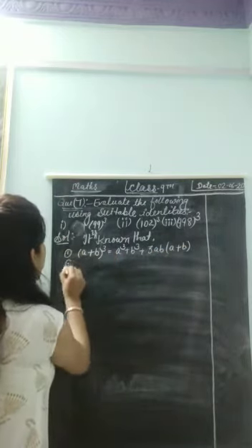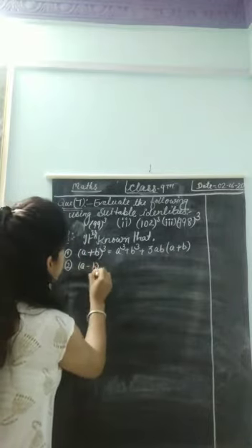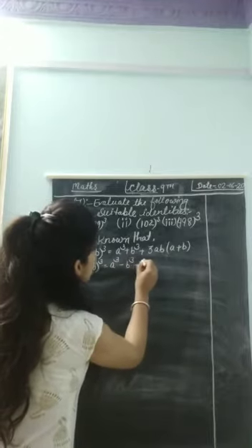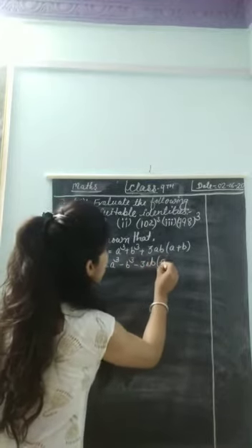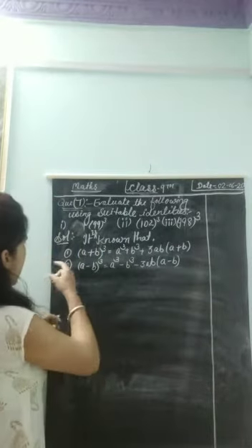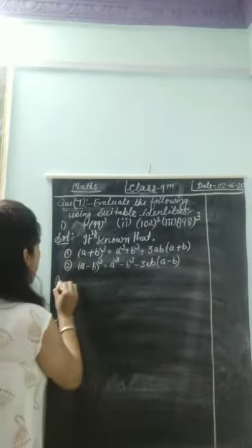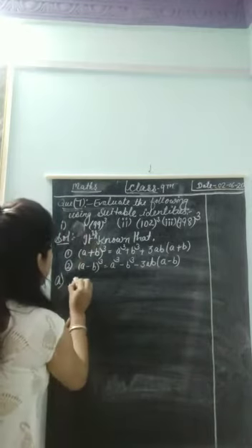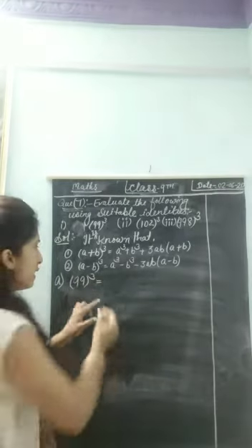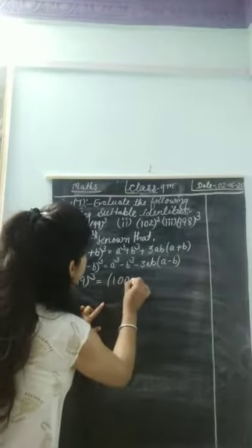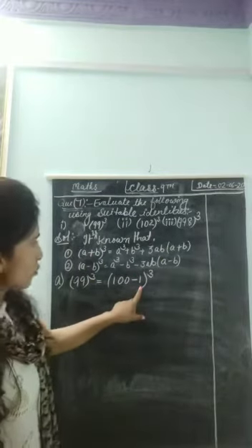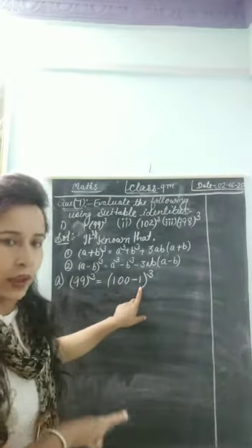The second identity is (a minus b) whole cube is equal to a cube minus b cube minus 3ab into (a minus b). Now with the help of these two identities we can solve the parts. First one is 99 cube, so we can write it as (100 minus 1) cube. 100 minus 1 gives you 99.